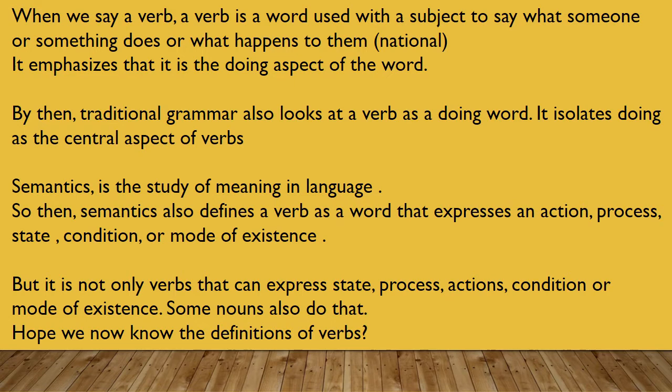It emphasizes that it is the doing aspect of the word. By then, traditional grammar also looks at a verb as a doing word. It isolates doing as the main central aspect of verbs.